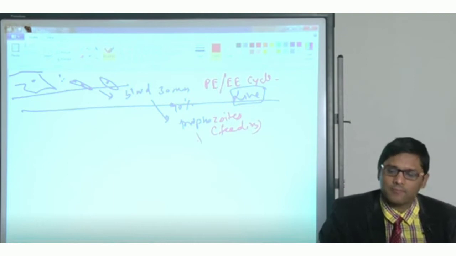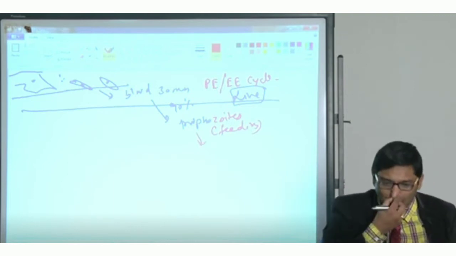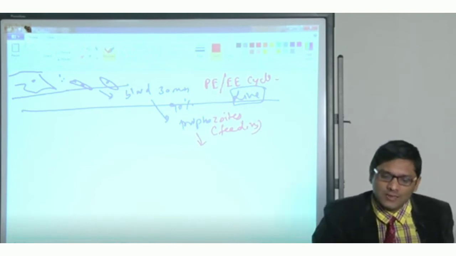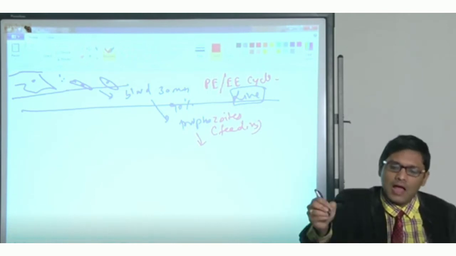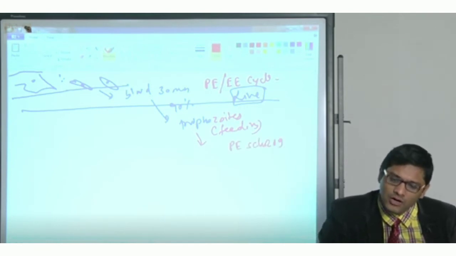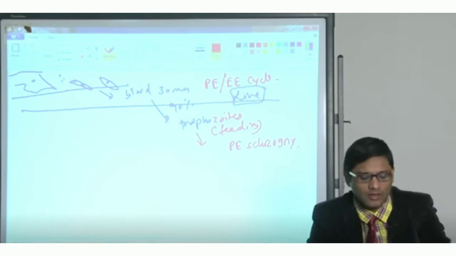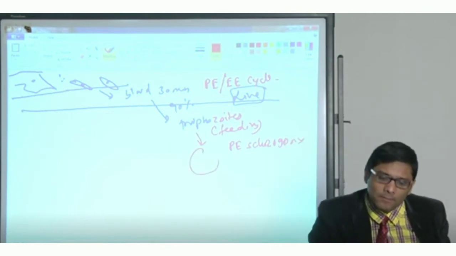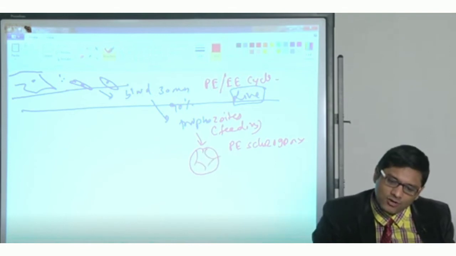They will multiply and grow in number. After some time they divide by pre-erythrocytic schizogony to produce a pre-erythrocytic schizont.